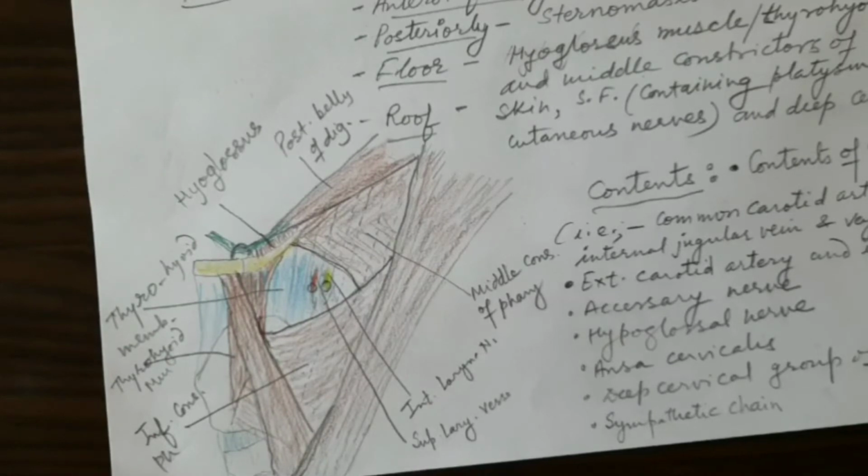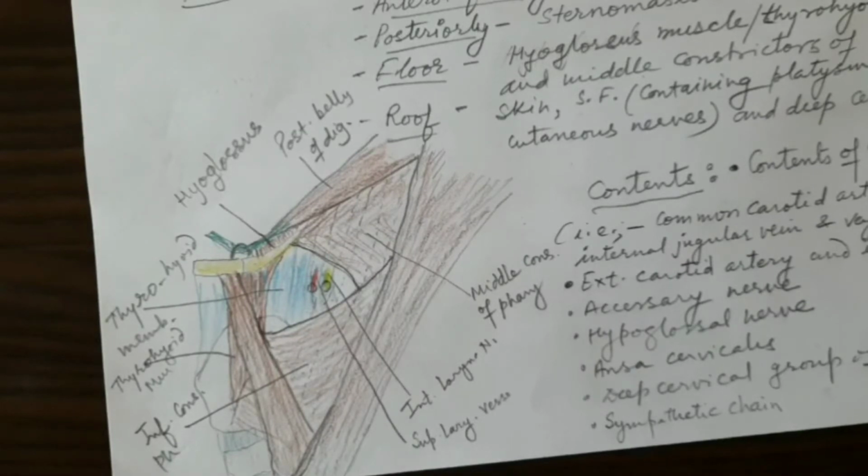You may also see a nerve coming from above, the cervical branch of the facial nerve, which supplies the platysma muscle. After the superficial fascia, at a deeper level, the whole thing is covered by the investing layer of deep fascia. So the deepest part of the roof is the deep cervical fascia. I hope you have understood the boundaries, floor and roof.